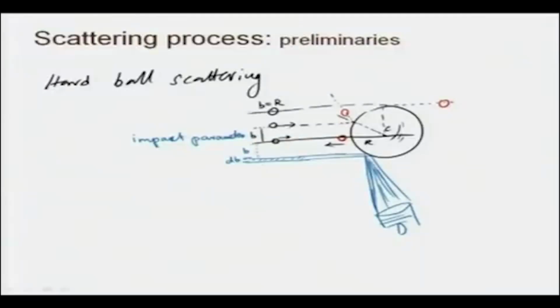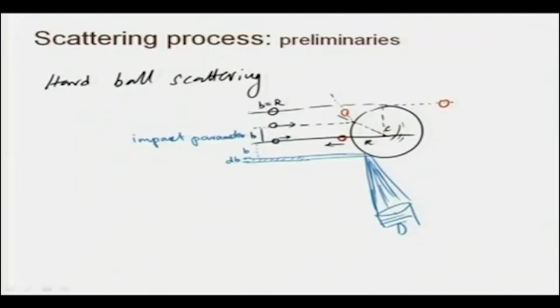If you change the impact parameter, certainly the scattering cone's angle will be different, and secondly the position of the cone will also be different.